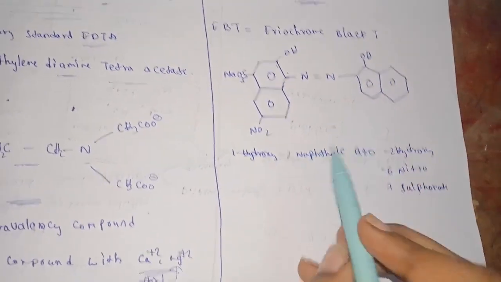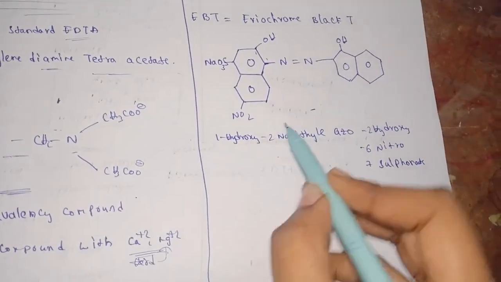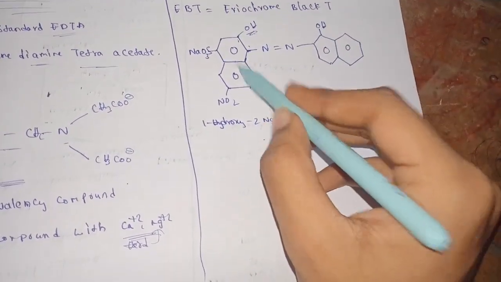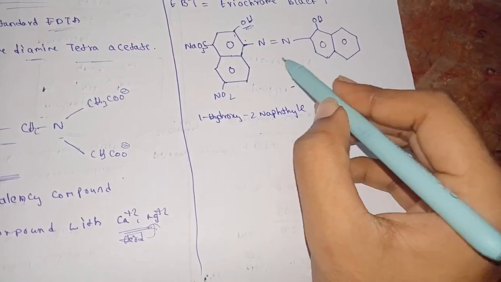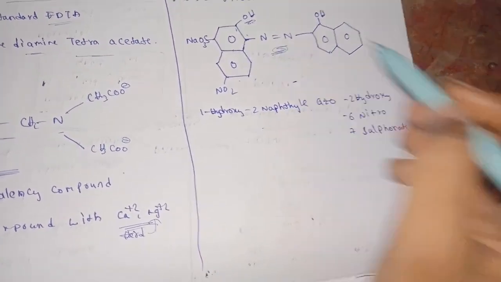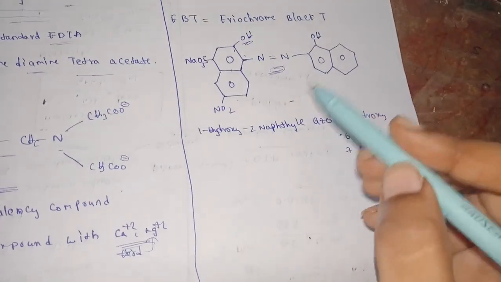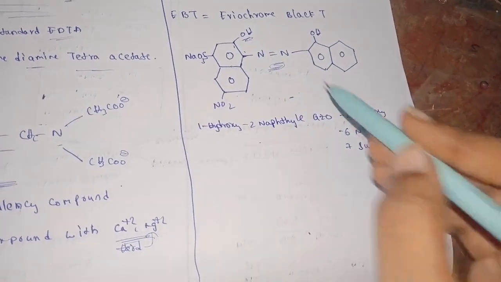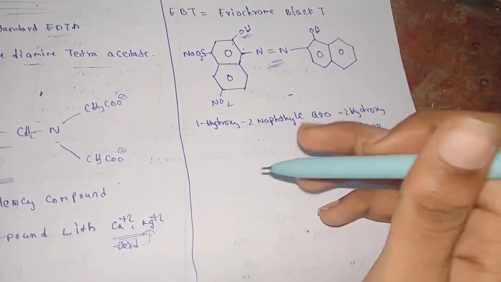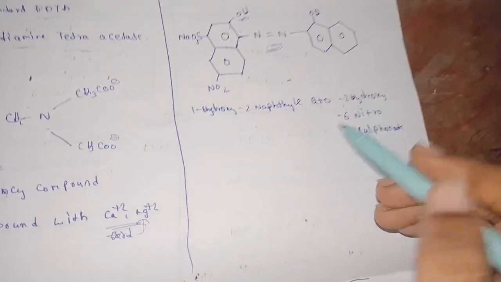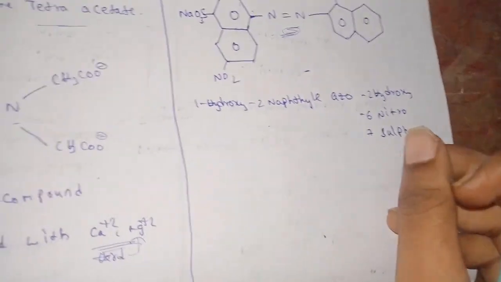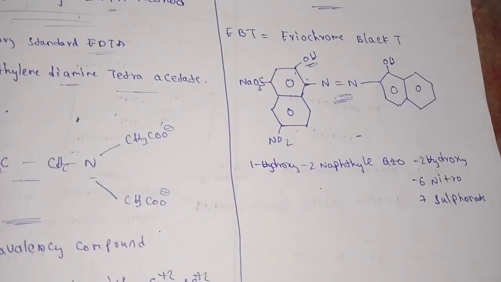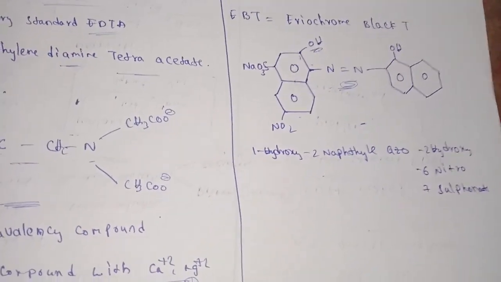Its IUPAC name is 1-hydroxy-2-naphthyl azo, this is called an azo compound, 2-hydroxy-6-nitro-7-sulfonate. So this is the structure of EBT, which is Eriochrome Black T.